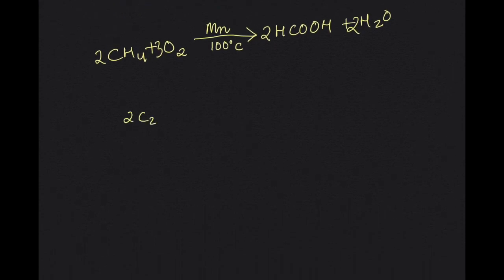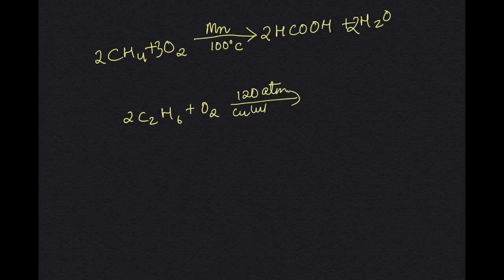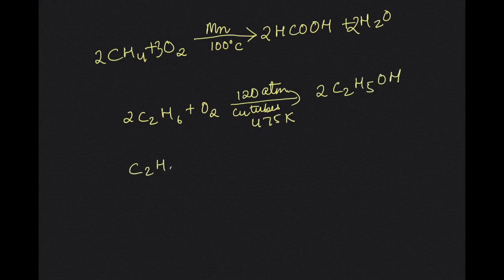2 molecules of ethane with oxygen, 120 atmospheres, copper tubes at 475 Kelvin, we get 2 molecules of ethyl alcohol. Ethane with oxygen, same reaction, but the condition is different.